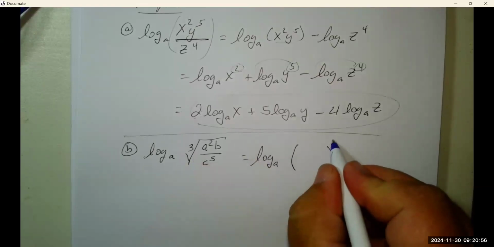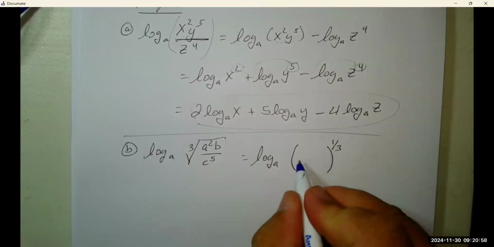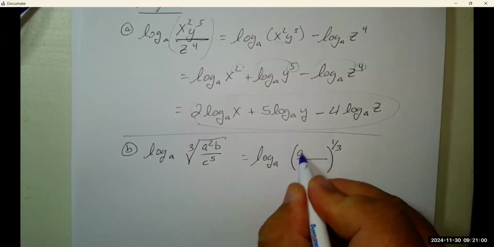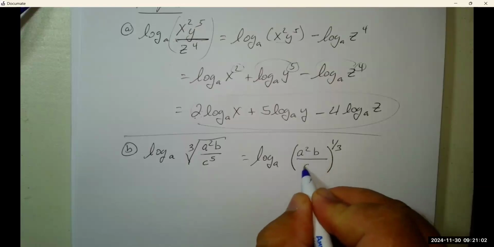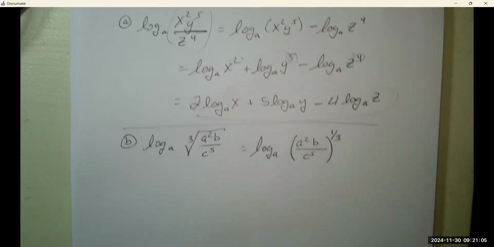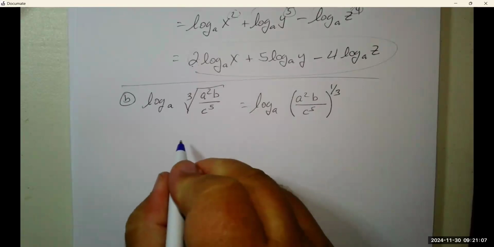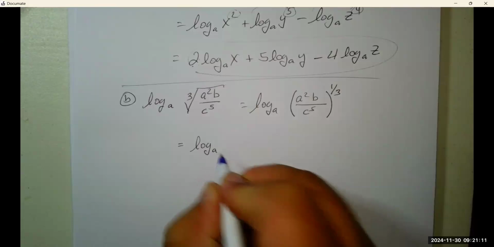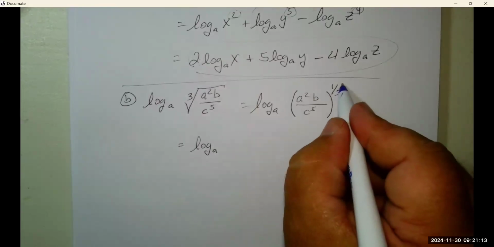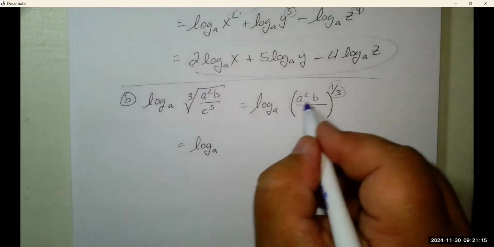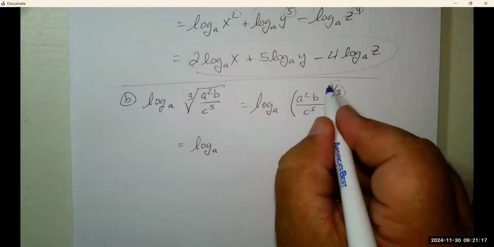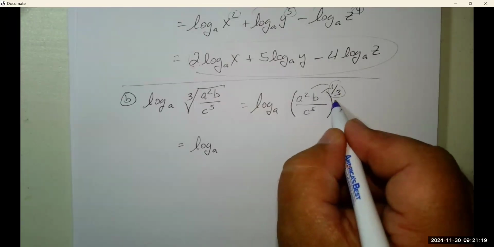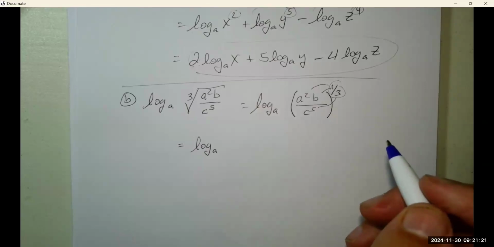Since it's a 3, it becomes a 1/3 power. So we have A squared B over C to the fifth, all to the 1/3. Now, since it's a power with a bunch of terms inside, we can distribute that power to everybody inside there.